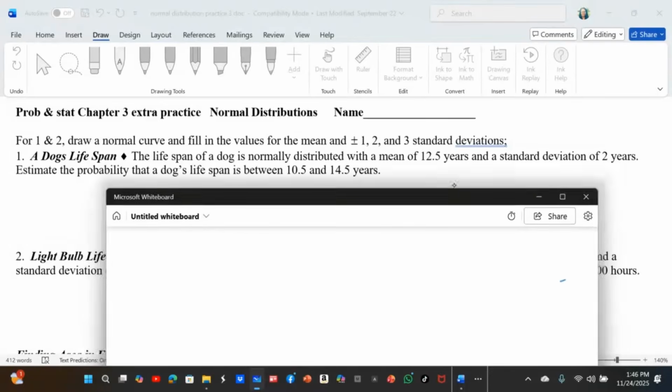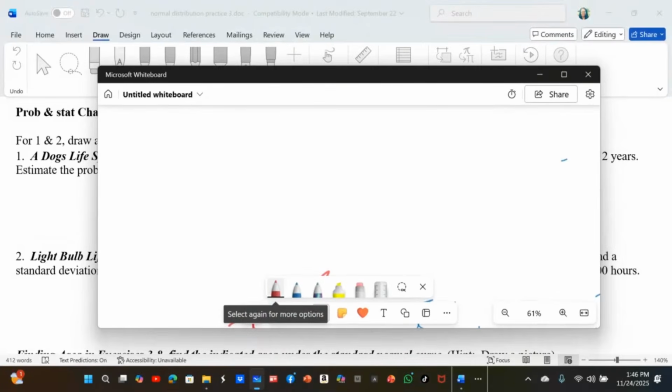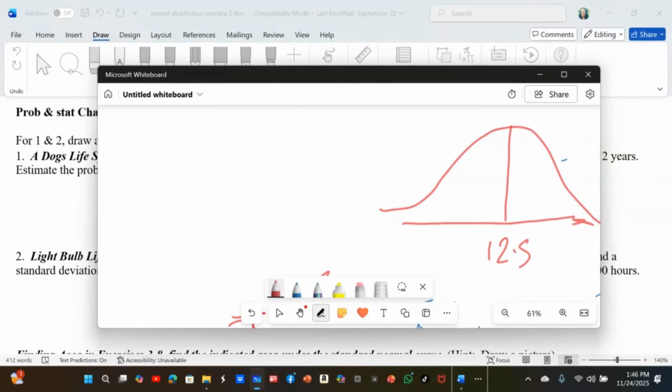We are given the information, but we are also told to draw two kinds of normal curve. The first kind is with the raw score. The mean is 12.5, and I want to put in one standard deviation above the mean. The standard deviation is 2, so 14.5 is one standard deviation above the mean.